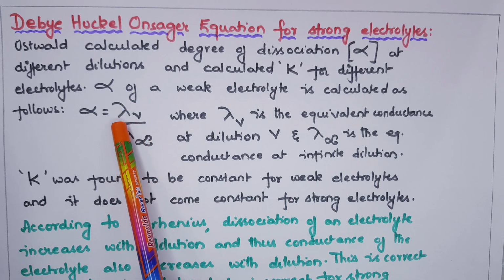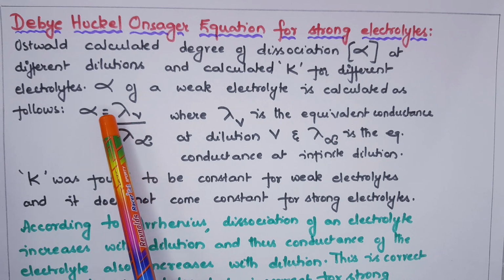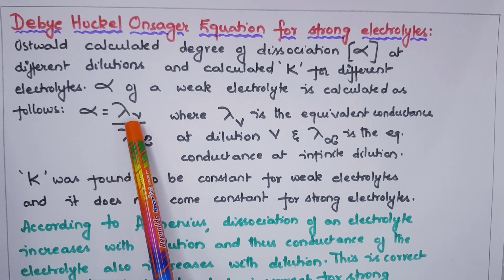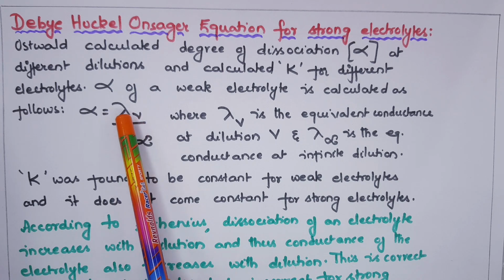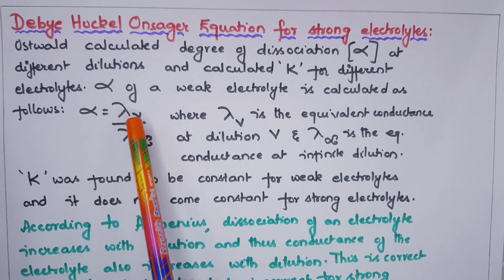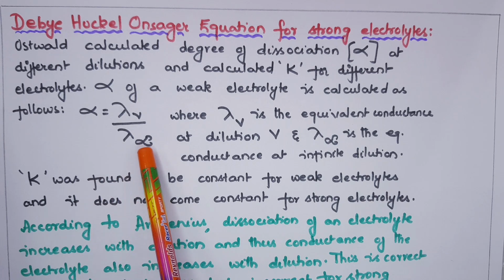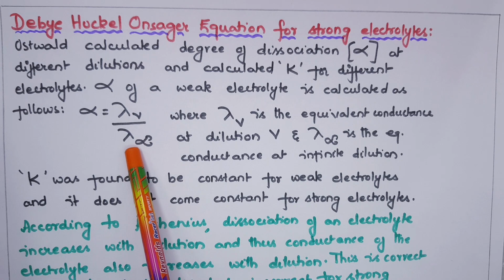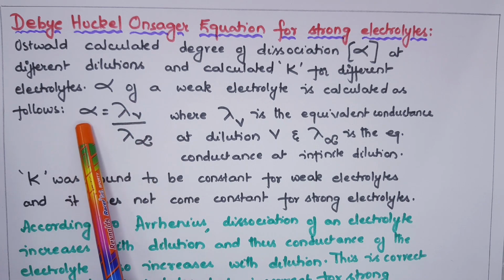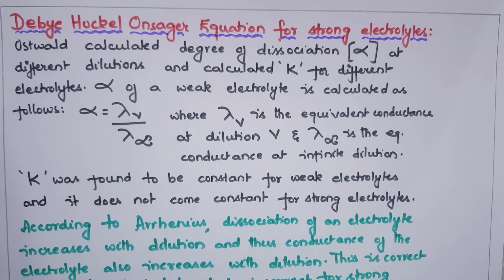Okay, you all know lambda is equivalent conductance, and lambda V means equivalent conductance at dilution V, at any dilution. Whereas lambda infinity, you all know, is the equivalent conductance at infinite dilution. This is at dilution V and this is at infinite dilution. So with this alpha can be calculated for a weak electrolyte.